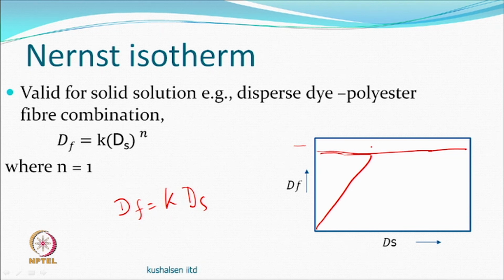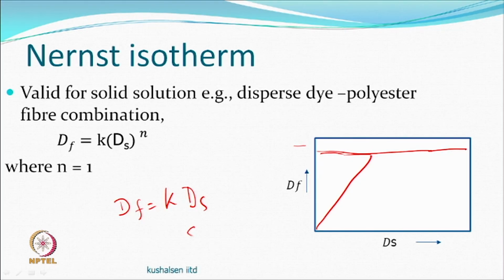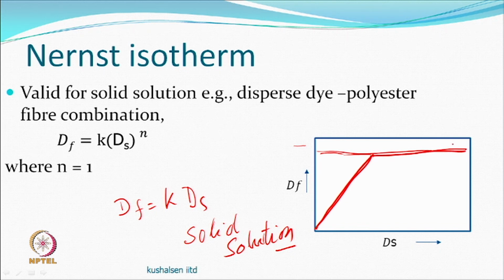Till that time it will keep following the straight line, and this is what we call a solid solution. It will just keep following, and after that it will become flat.